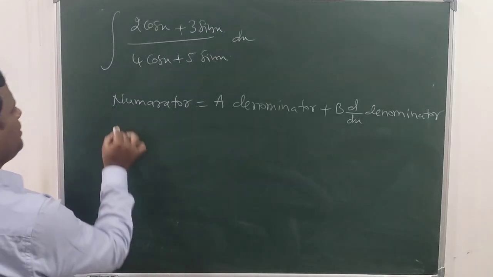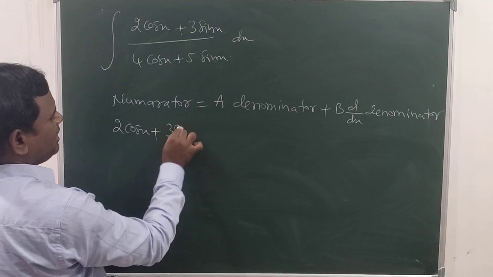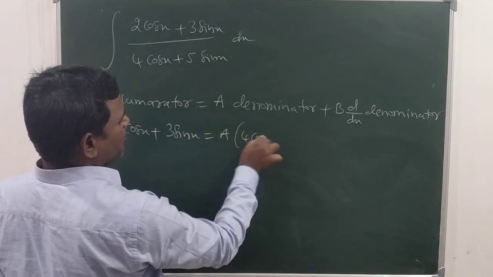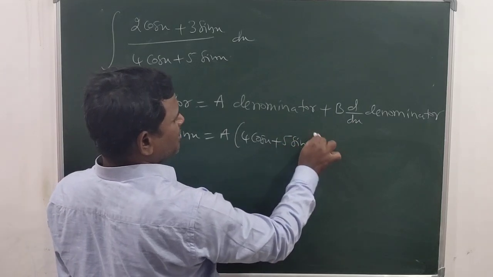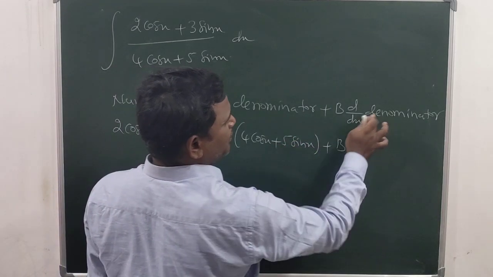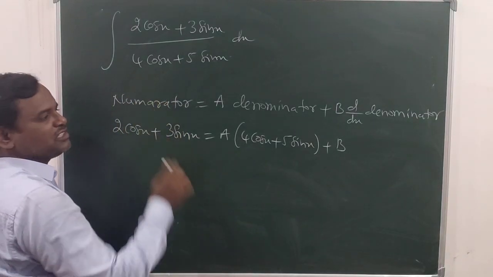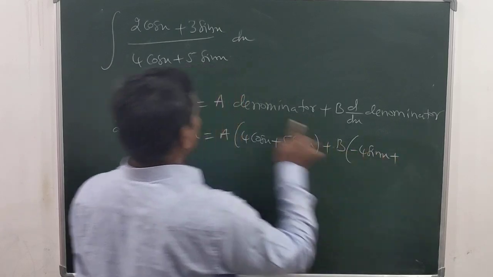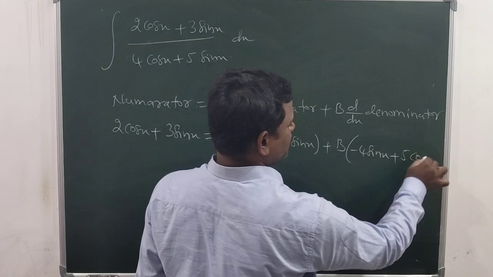Okay, students, right? See here 2 cos x plus 3 sin x is equal to a into denominator, 4 cos x plus 5 sin x, plus b into d by dx of denominator. Derivative of cos x is minus sin x, so minus 4 sin x, plus derivative of sin x is cos x, 5 cos x.